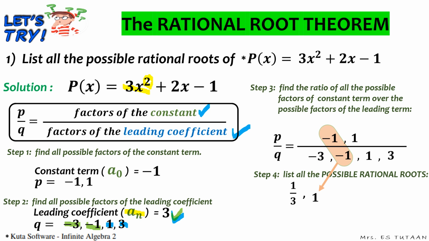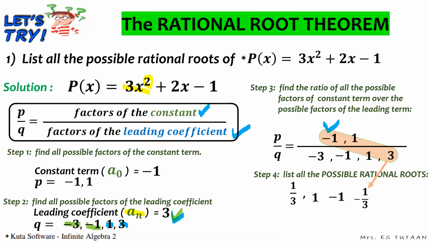Next is negative 1 divided by negative 1 is positive 1. Next, we have negative 1 coming from negative 1 divided by 1. And then next, we have negative 1 divided by positive 3. That will give us negative 1/3. So, tapos na tayo dito.